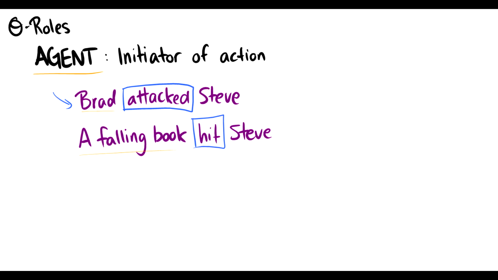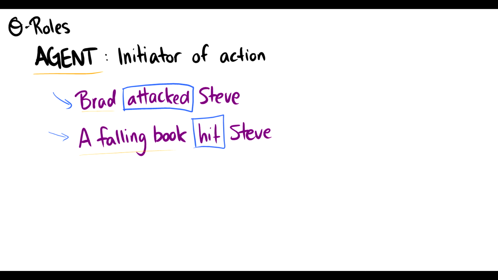So, a falling book can be a little bit tricky to understand, and it might be possible that another theta role that we talk about might fit this object a little bit better. And that's okay. It's okay to have more than one theta role per noun. So, that's an agent. An agent is an initiator.